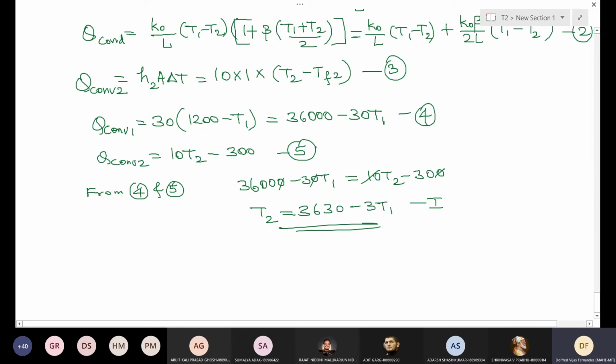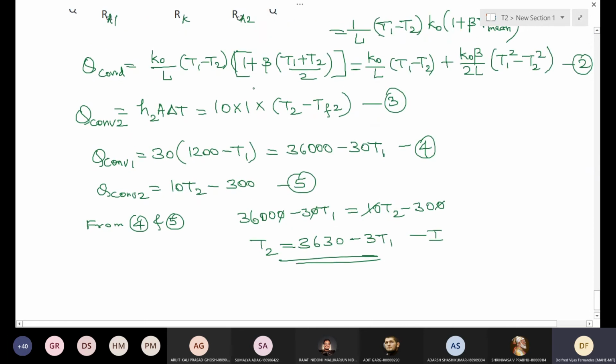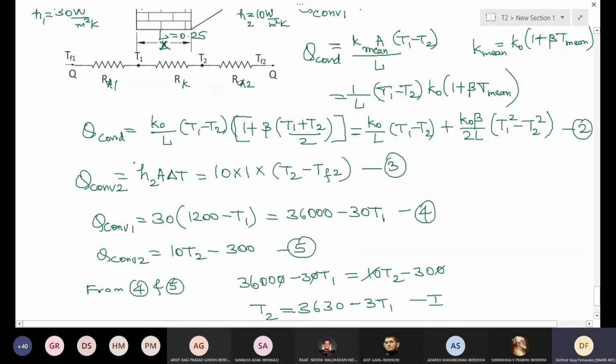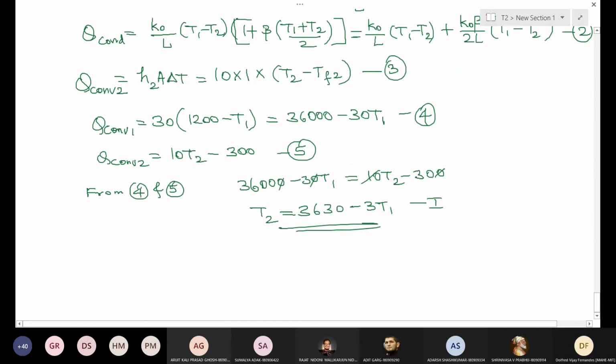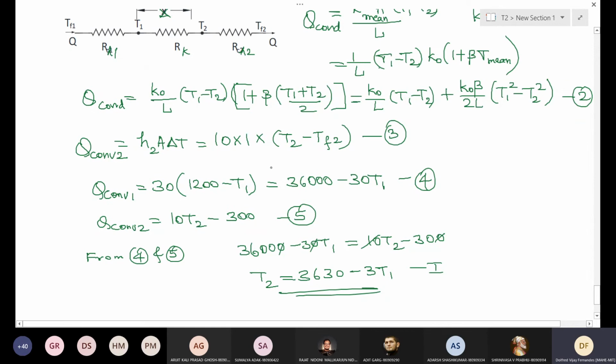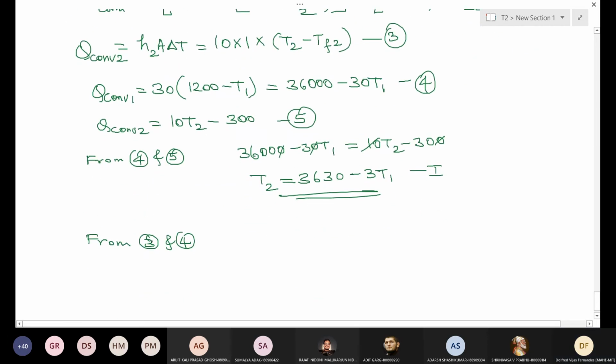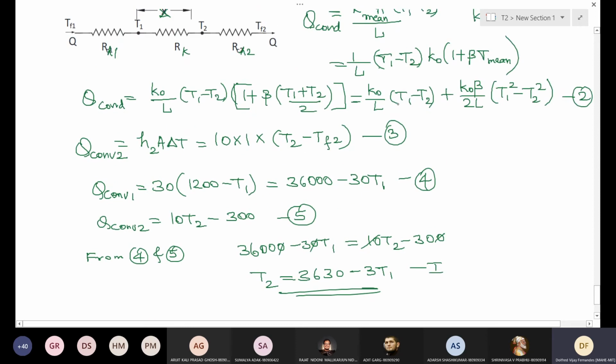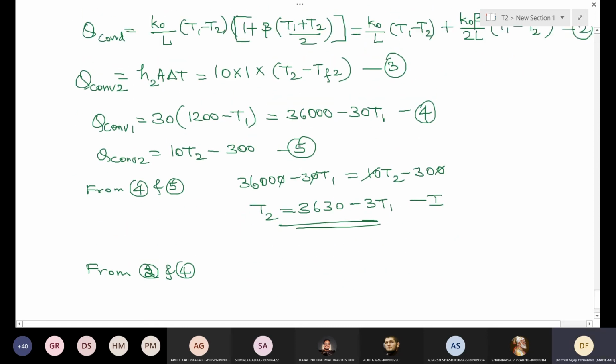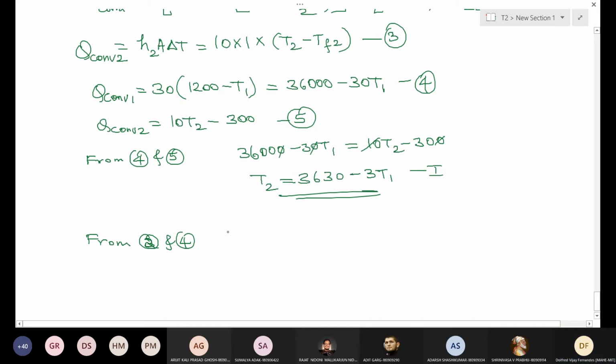Now you can equate conduction with convection, any one you can choose, no problem. So if I equate convection 1 with conduction, from 2 and 4, where 2 is the conduction equation, what you can say is K0 by L into (T1 minus T2).